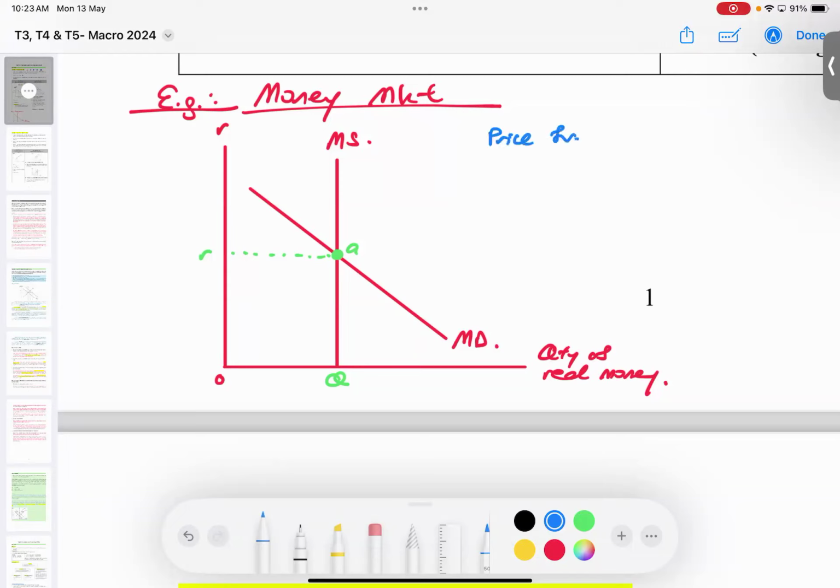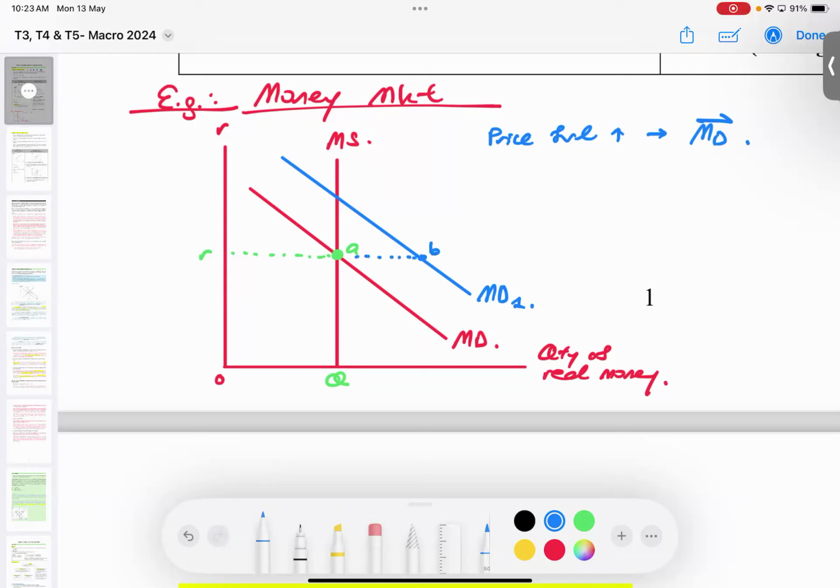People will need to use more money to buy goods and services, so money demand will shift rightwards. From point A, it moved to point B.